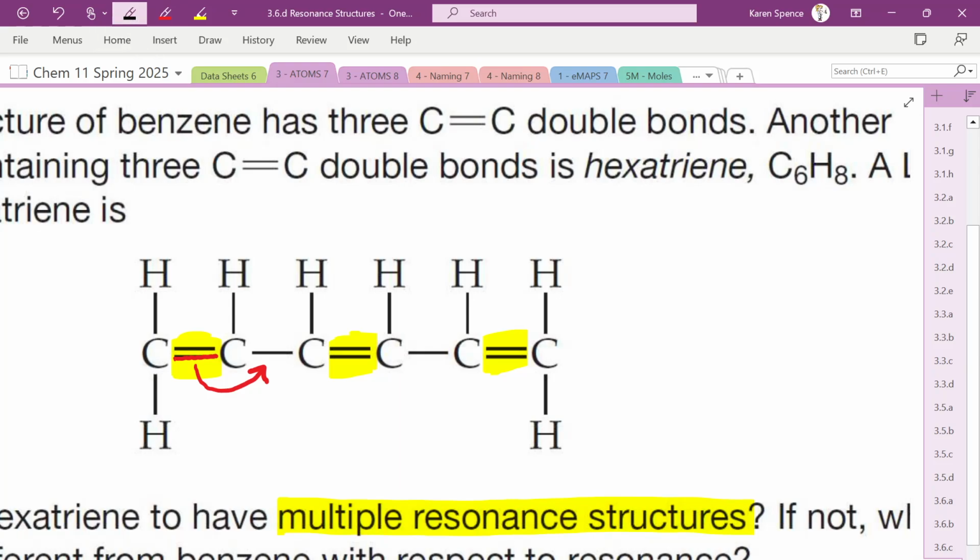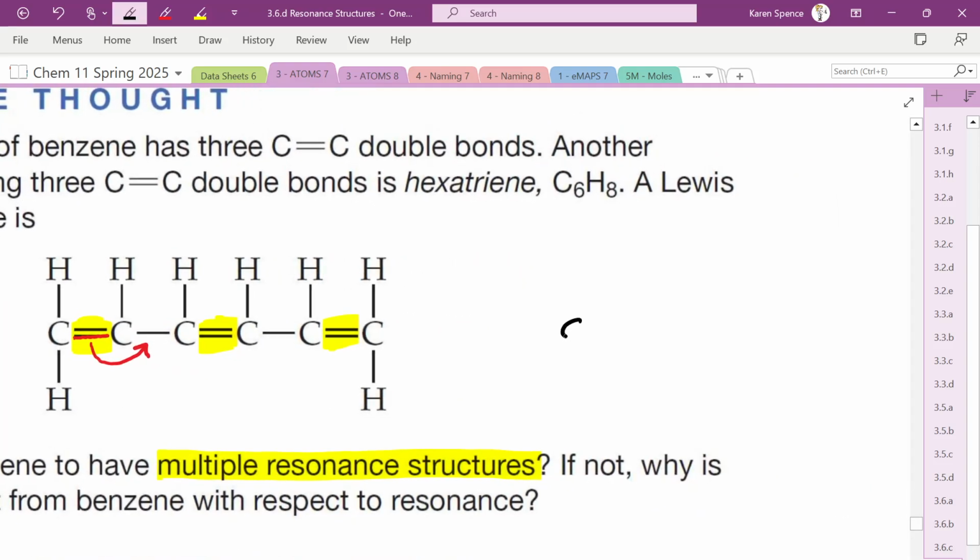What that would mean is that we would have a double bond here. Whoa, that was crazy. This would be our bond that moved, okay?